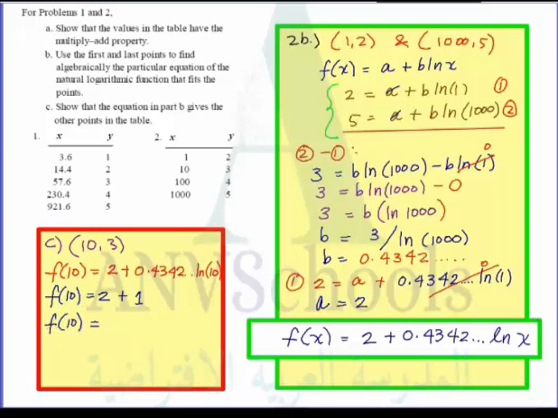Because we have f of 10 is equal to 3, we now verify that the equation that we got is correct. So therefore, this is the complete solution for problem number 2.